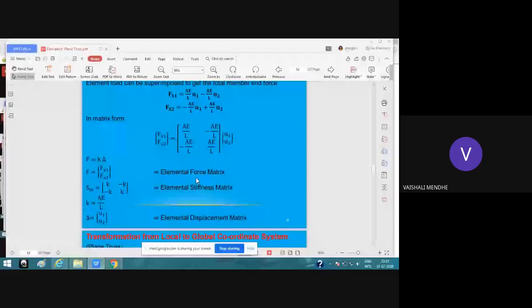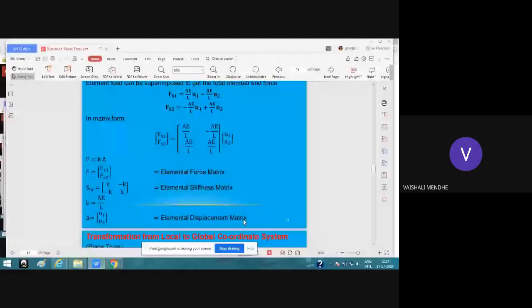And this delta is nothing but U1, U2. It is the elemental displacement matrix. Elemental means local or member, which is also called a local displacement. Okay, so this is the derivation of the stiffness matrix along the local direction.